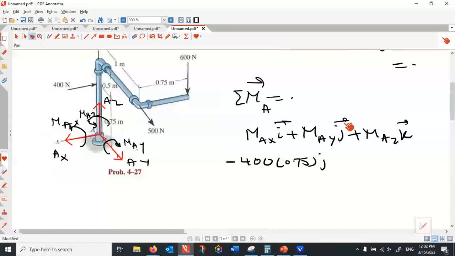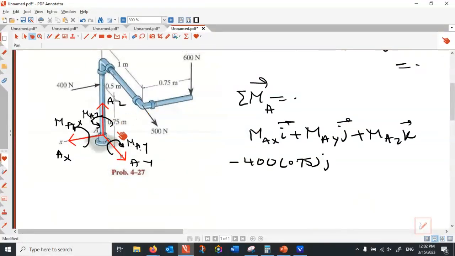And likewise with the 500 with respect to A. This is in the YZ plane, so the rotation is normal to that plane, which is X, but in the negative X direction. So that's minus 500, and the shortest distance, because I'm doing the scalar, 0.75 plus 0.5, that is 1.25.